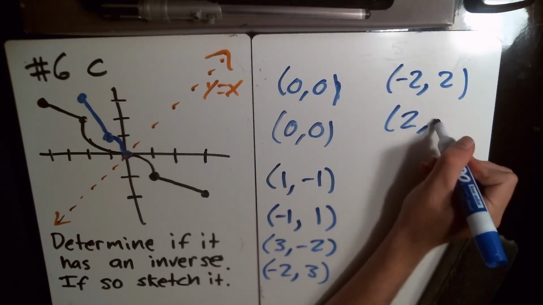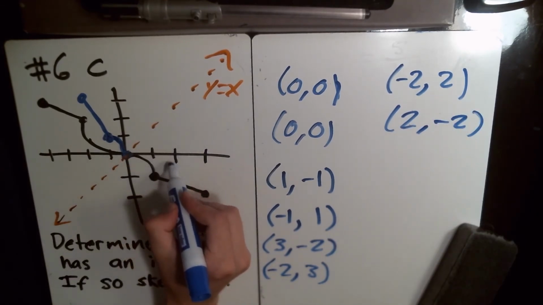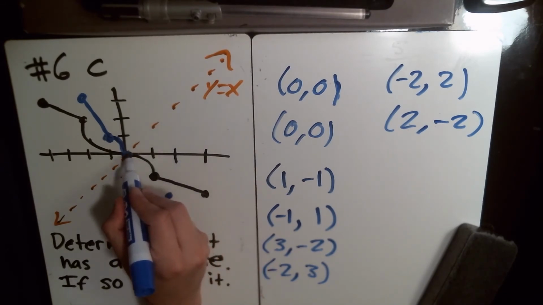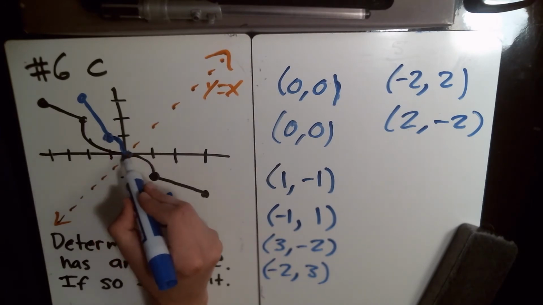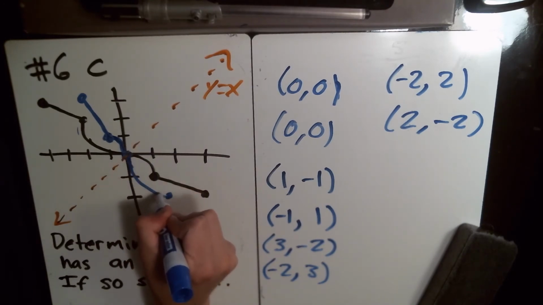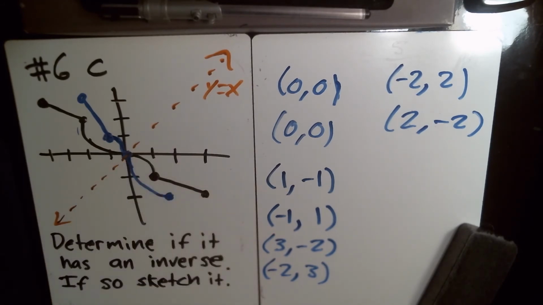So we're going to be at 2, negative 2. Puts us right there. So it's going to be a mirror image of this one. So reflected over, it's going to be like that.